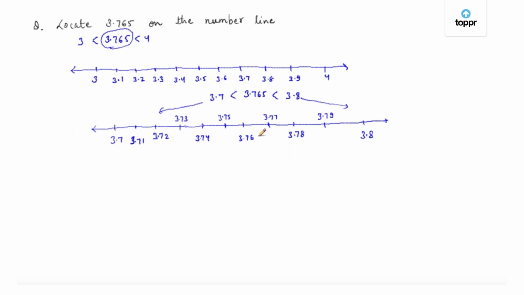Now, again, 3.765 lies between 3.76 and 3.77.